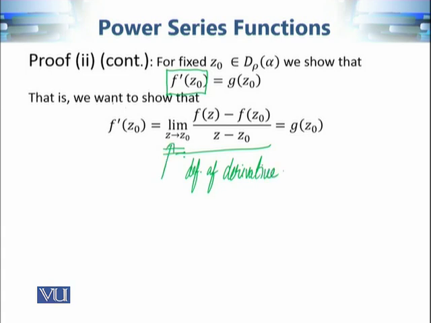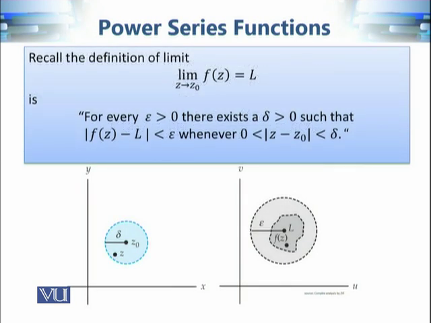Okay, now over here we are calculating this limit. So what does it mean then? Let's recall the definition of the limit. The limit as z approaches z0 of f of z is L if for every epsilon there exists delta such that the distance between f of z and L is less than epsilon whenever the distance between z and z0 is less than delta.